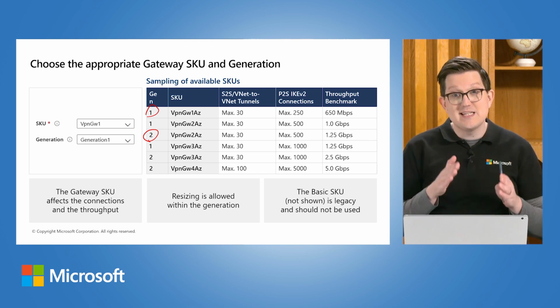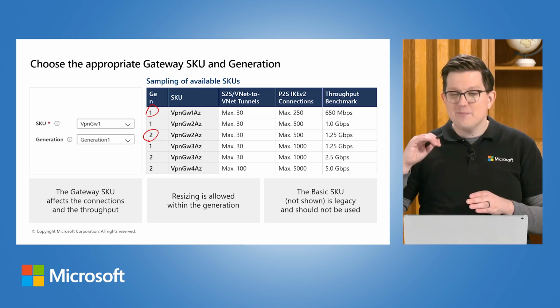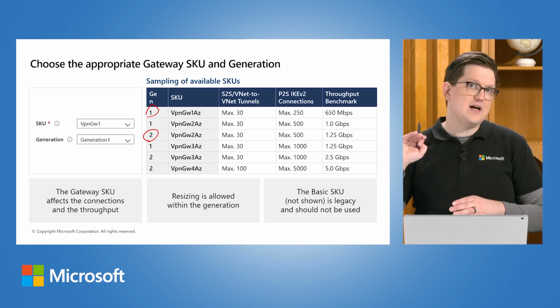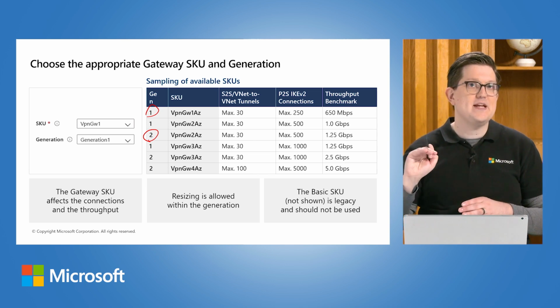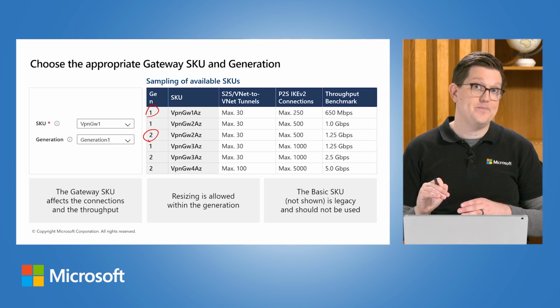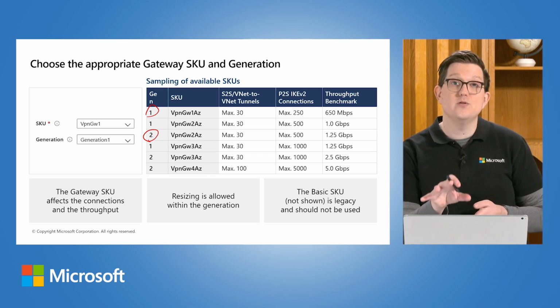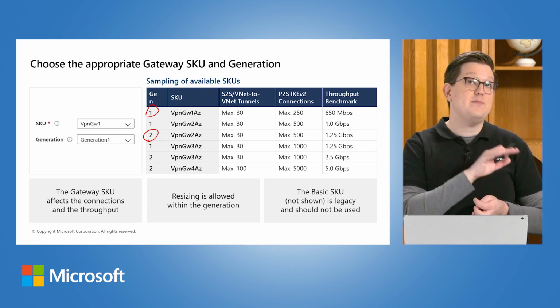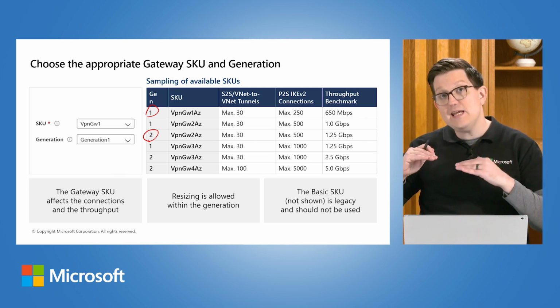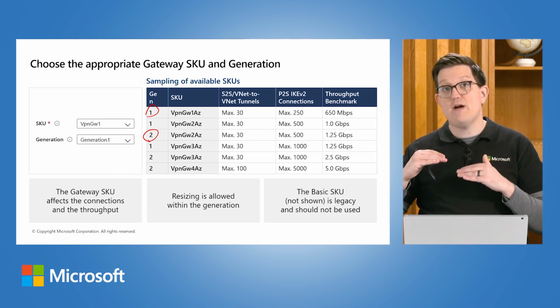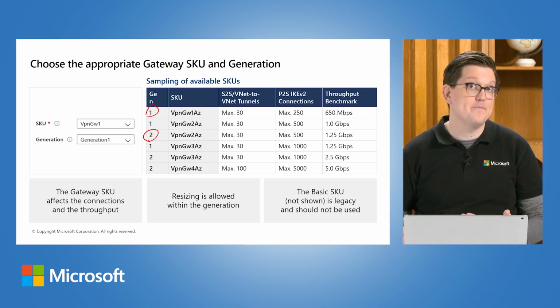Generation 1 VPNs start at about 650 megabit, but cap out at 1.25 gigabit for the simultaneous tunnel connection speed. If you want a higher aggregate speed, I would recommend looking at the Generation 2 VPNs instead. They begin at that 1.25 gigabit range and go up and up from there.